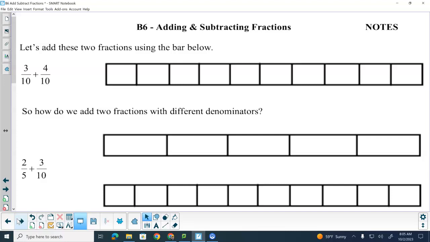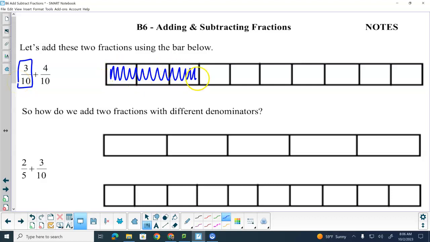There's 10 parts. 1, 2, 3, 4, 5, 6, 7, 8, 9, 10. So if I have 3 of them, let's make that one be blue. I would fill in 3 of those parts.